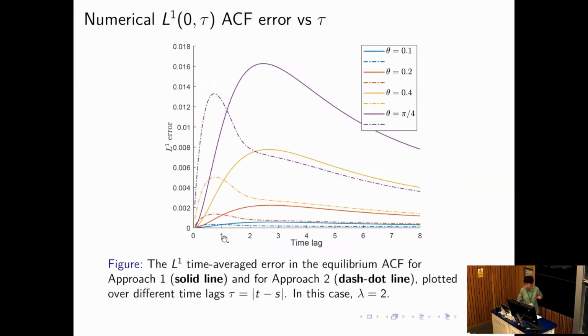You can see that when the time lag is very small, the solid line is always lower than the dashed line, meaning the average ACF error for approach 1 is less than approach 2. When we have longer time lag, approach 2 is favored, because the approach 1 solid line is always higher than the dashed lines.